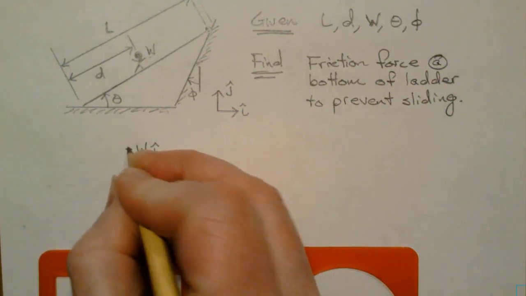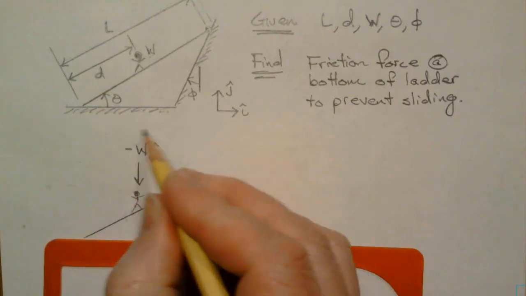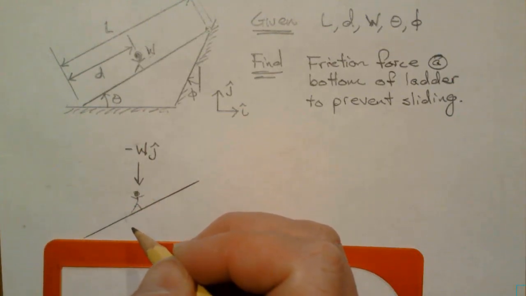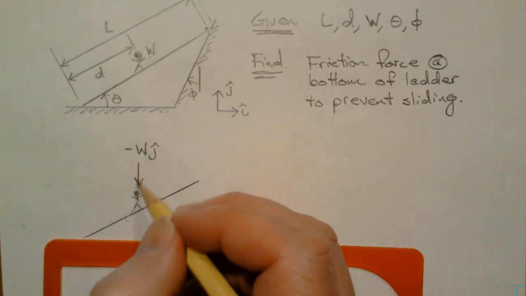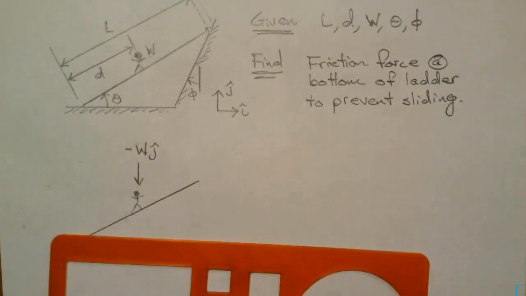Actually, it should be the minus j hat direction, since positive j hat is upward. All forces on free body diagrams are vectors, and they have to be labeled as vectors. So this vector is vertically downward, and there's my weight, W in the minus j hat direction. Cool. What other forces do I have on this object?